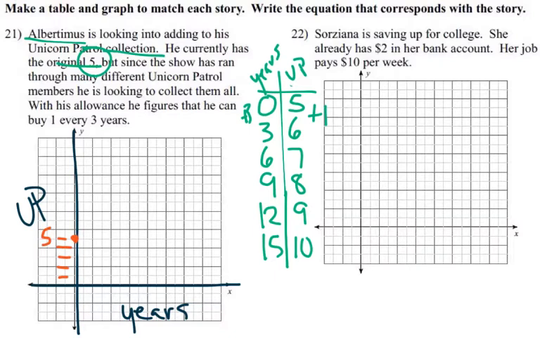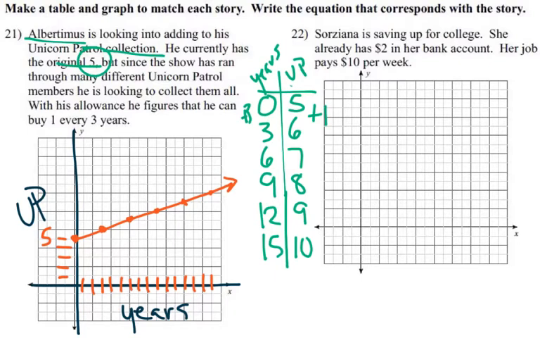Then every 3 years, 1, 2, 3, he goes up 1. Okay, so we can see that pattern. And there's our graph.